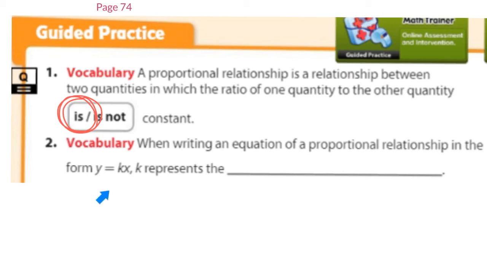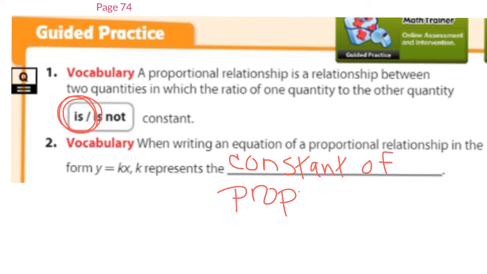Okay, the other vocabulary, when writing an equation of a proportional relationship in the form y equals kx, k represents the, that was also back on page 70. So k represents the constant of proportionality.